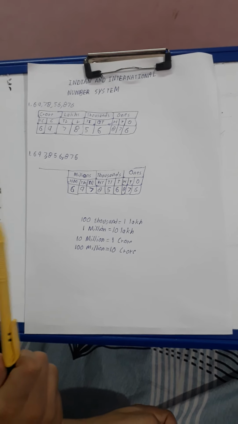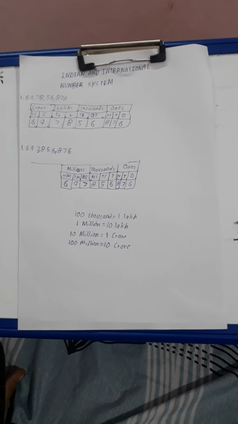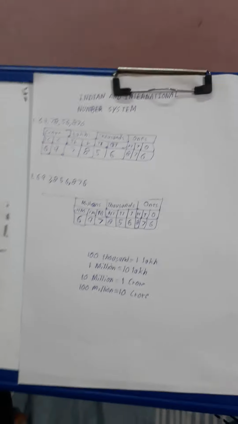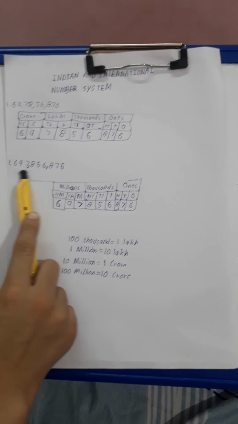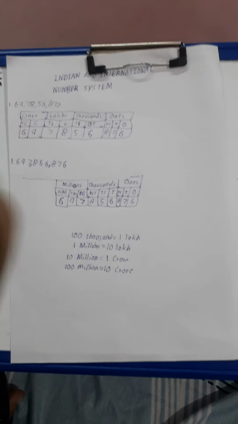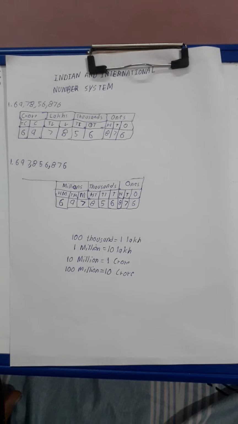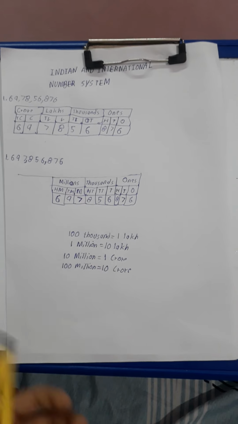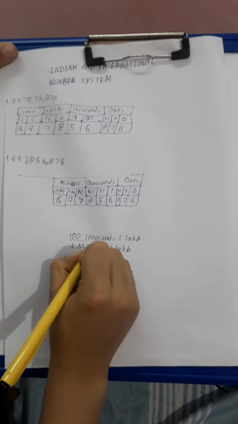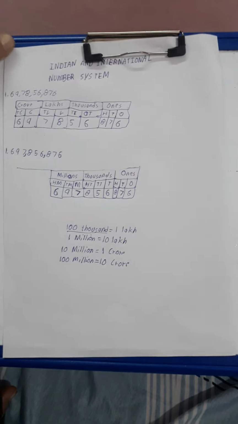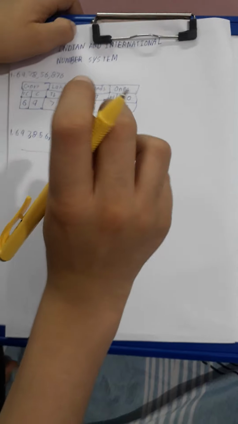So let's take another example. We have taken the example already. So we have taken your conclusion and repeat after me. 100,000 of international number system is equals to 1 lakh of Indian number system.